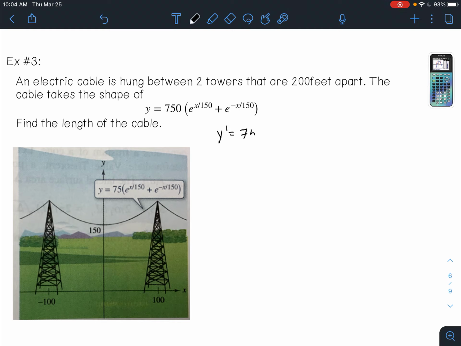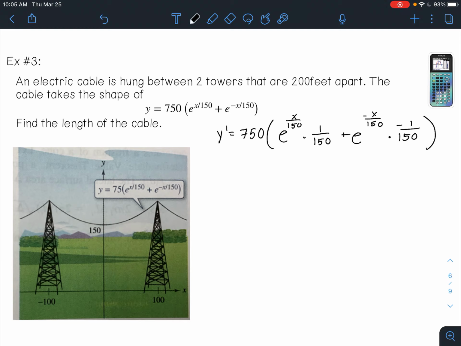So that's going to be 750, right? And then if I take the derivative of e to the x over 150, that's the same thing, times the derivative of the exponent. And if I take the derivative of the second part, it's the same function, right, times that negative 150 from the exponent. Okay, so 750 I believe is actually divisible by 150.